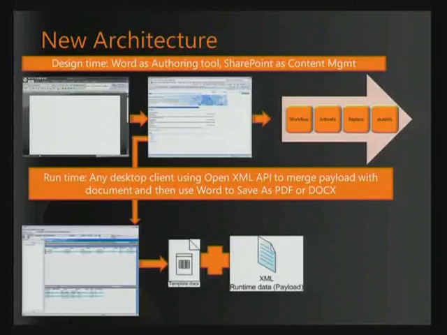If anybody knows the Open Office XML specs, you can add in custom XML. You can unpackage a document and repackage it with the new payload, and when you open the document, the data gets merged. That's the underlying enabler for this solution. And then you get the output.